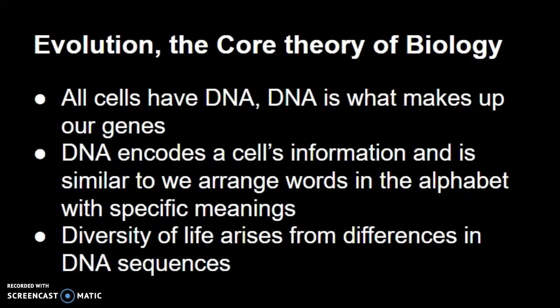We're going to look at the next part, which is evolution, which is our core theory of biology. So in evolution, we look at DNA, and DNA is what makes up our genes. A lot of us think solely about evolution and how evolution is natural selection through survival of the fittest, but we actually look more at DNA, and the DNA encodes a cell's information and is similar to how we arrange words in the alphabet.